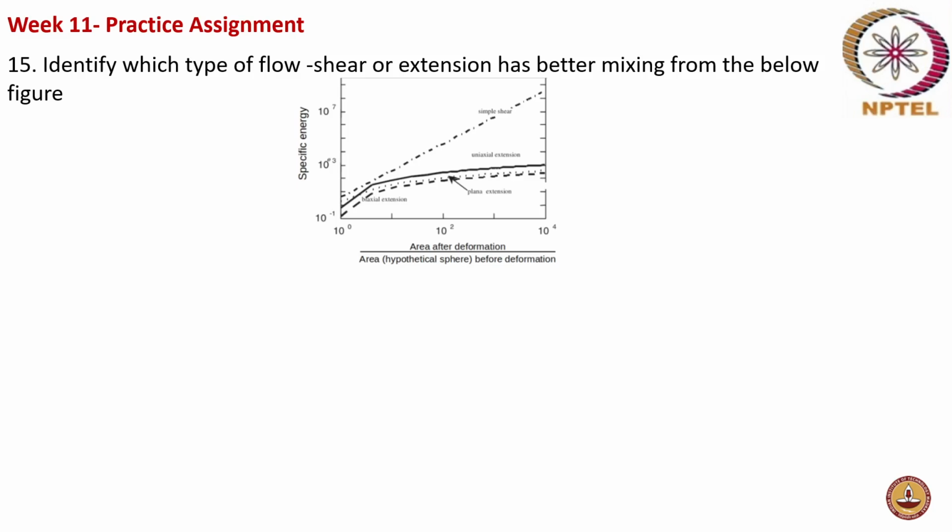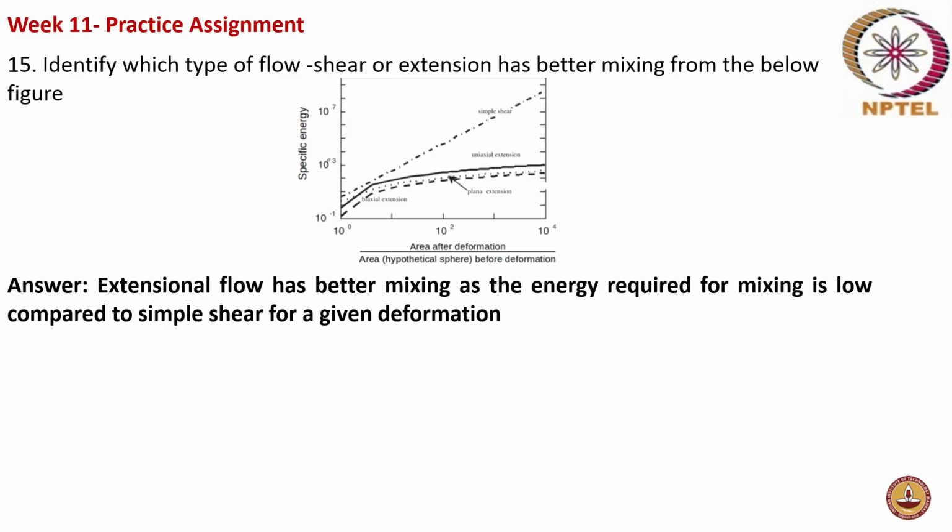So you could see that the specific energy increases continuously and rapidly in case of simple shear, whereas in case of uniaxial extension and biaxial extension, there is a minor increase and then it almost gets to a constant value. So the answer is the extensional flow has better mixing, as the energy required for mixing is low compared to the simple shear for a given deformation.